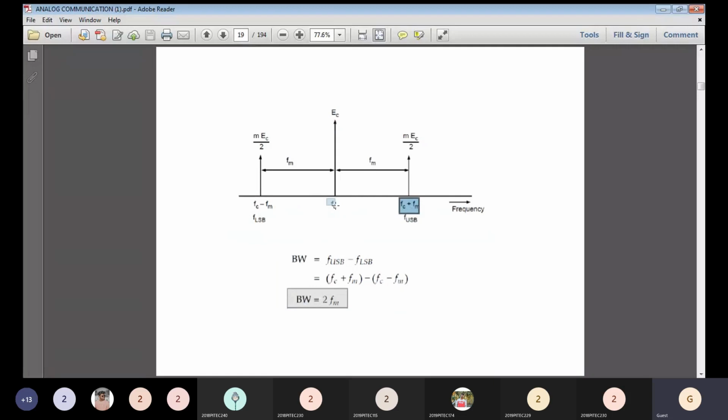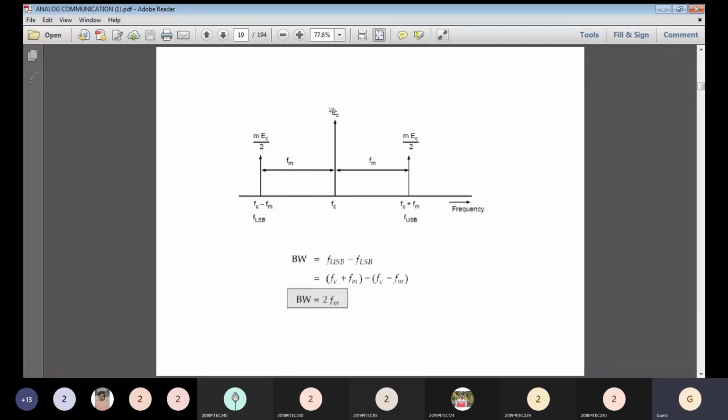This value is greater than Fc, so this component is called the upper sideband component. The third term is Fc minus Fm. This value is less than Fc, so it is called the lower sideband. So two sidebands are there.